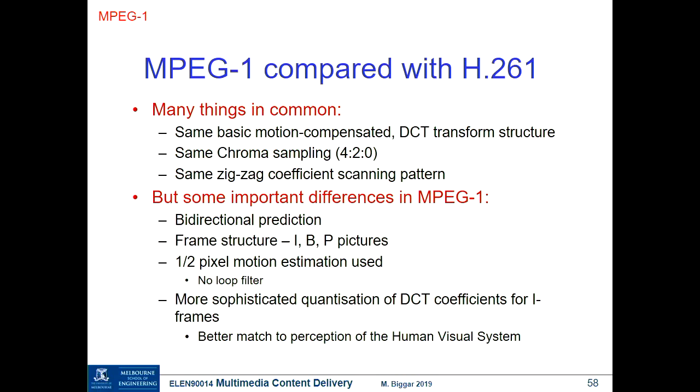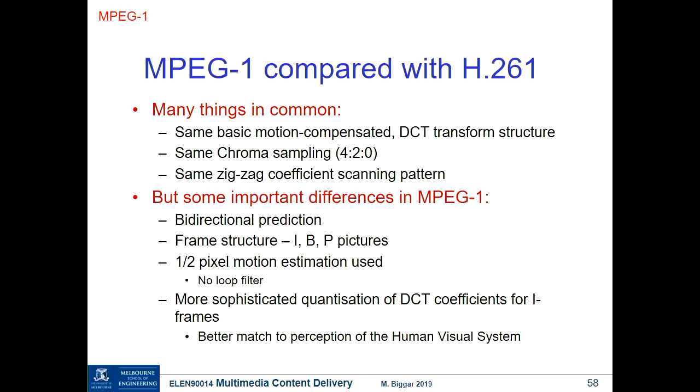In fact, it introduced half-pixel motion estimation. Remember we talked about sub-pixel motion estimation. So this is an example where it was used, and because it improved the prediction and the quality was a bit higher than H.261 was using, they dropped the loop filter.